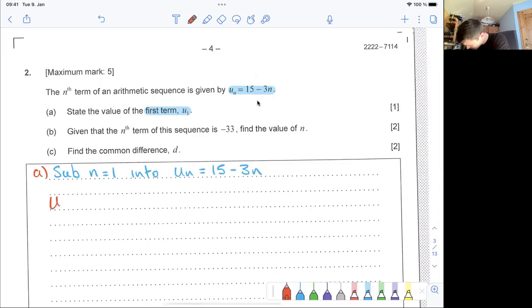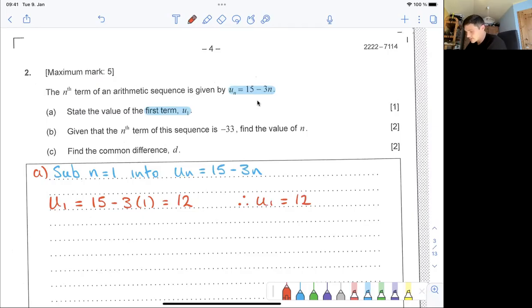That's going to give us u1, because n is equal to 1. u1 is equal to 15 minus 3 times 1, which just equals 15 minus 3, which is going to be 12. And so we can put over here, therefore, u1 is equal to 12. Lovely. Okay, let's move on to part B.